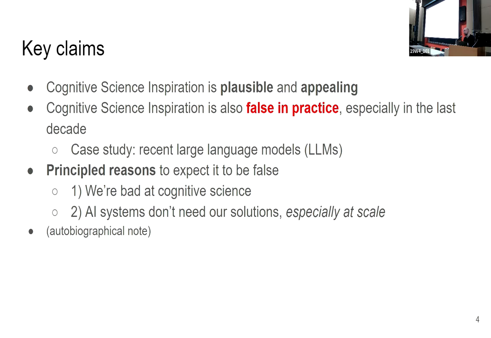And secondly, even if we were to uncover these solutions, AI systems don't need them, because what's optimal for us is not going to be optimal for them. And yes, I already covered the autobiographical note, but lest anyone think that I'm just some Twitter-addled OpenAI fanboy technology brother, my background is in cognitive science and philosophy. And as I said, I'd like this thesis to be true, but I don't think it is.